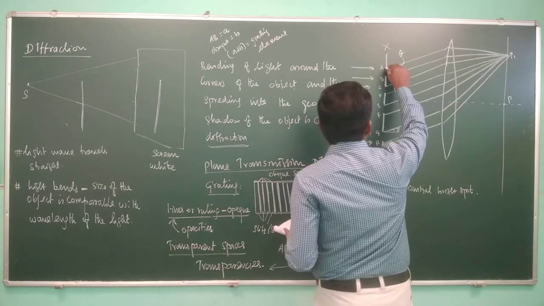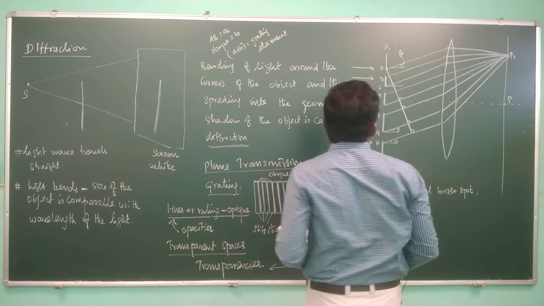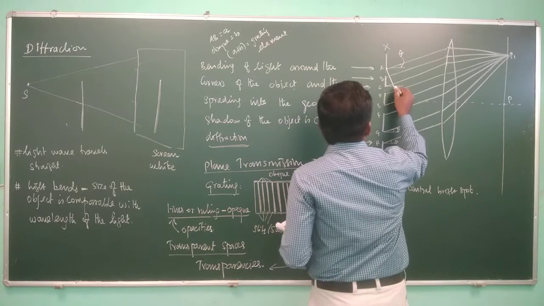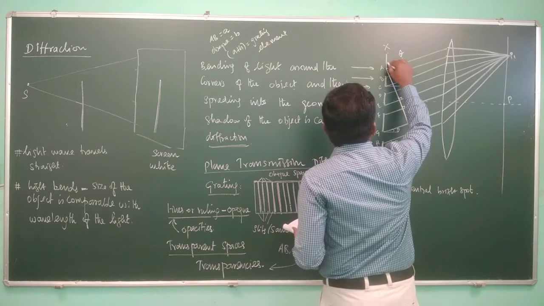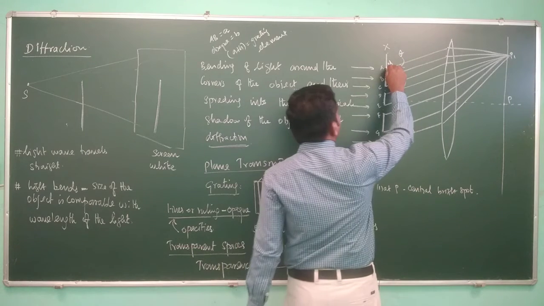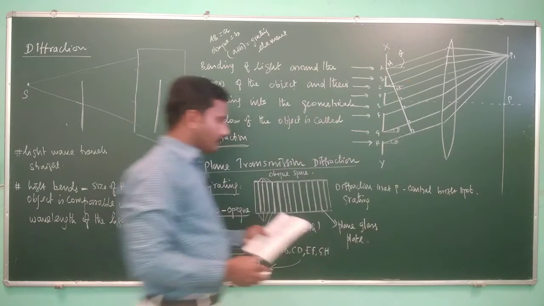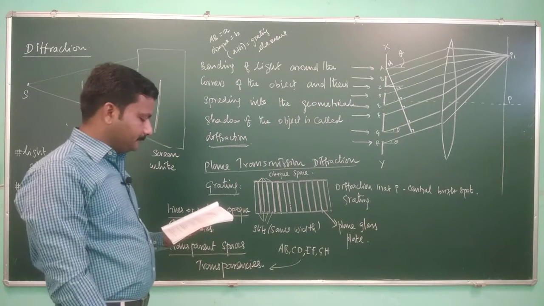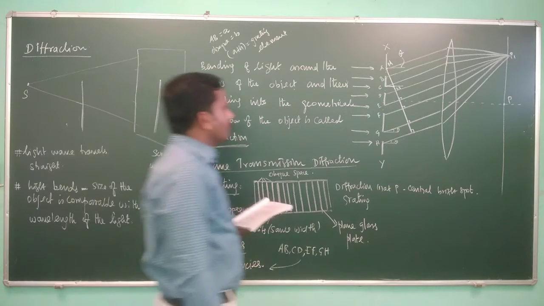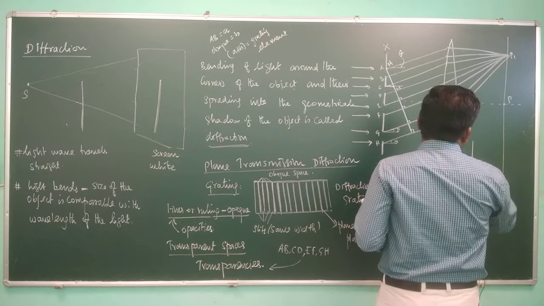Now let us consider one grating element ABC. Let's draw a straight line. Let us write MN. M is this point, N is the point here. Now see, we can take this triangle out. It looks like this.